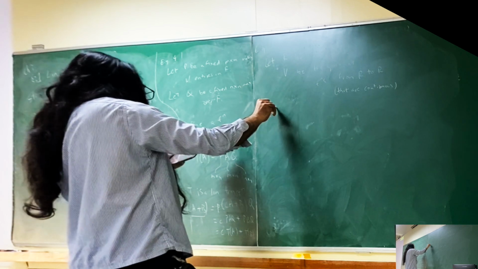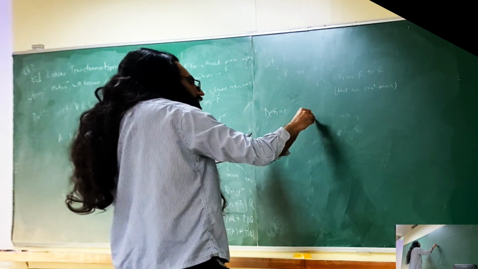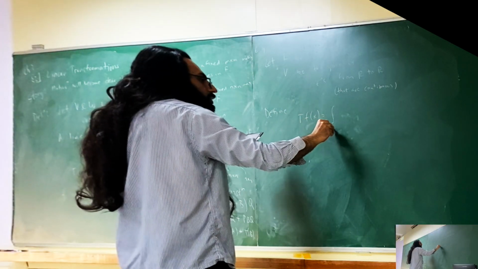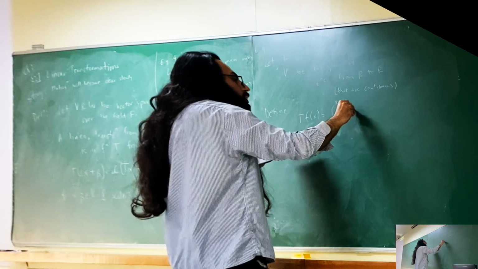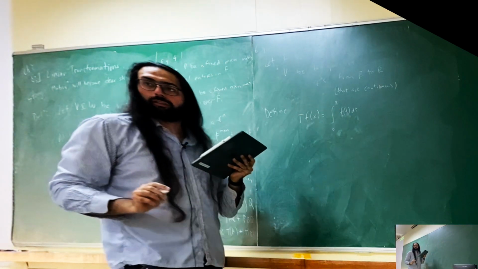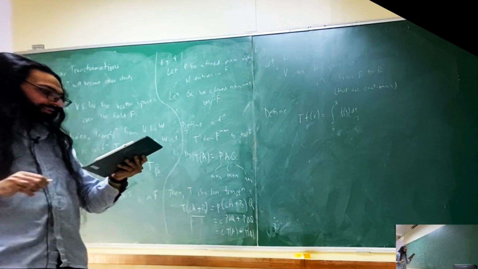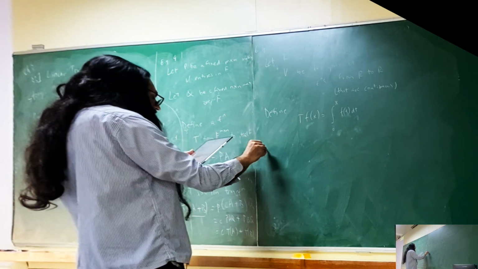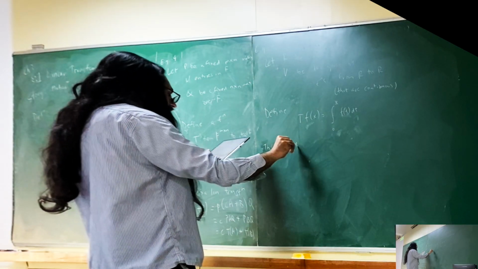Now we define the transformation T as follows: T of f, evaluated at x, is defined to be just the integration from 0 to x of the function.